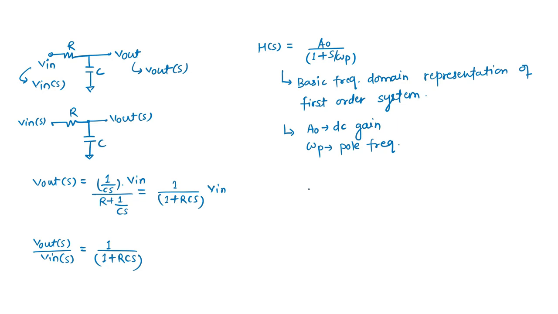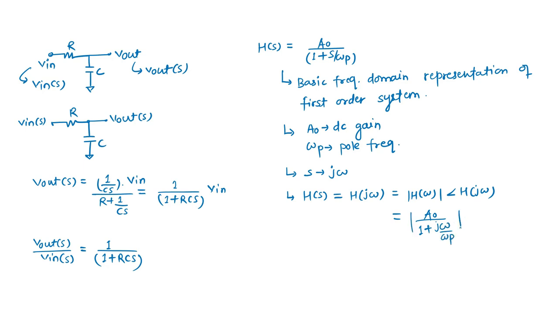S is my frequency, where s can be written as j omega. So I can write the nature of my H of s as H of j omega, which I can write as the magnitude of H of j omega times the angle of H of j omega. If I take the magnitude, first I replace s with j omega by omega p.